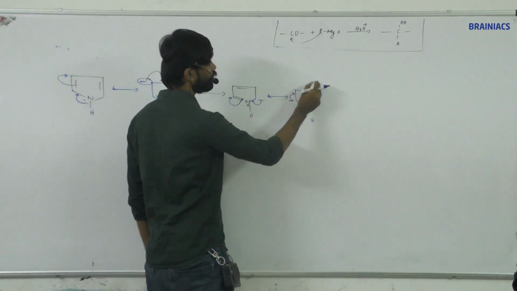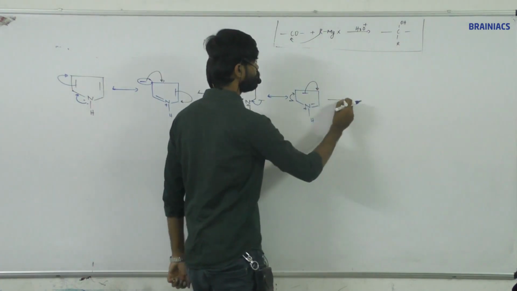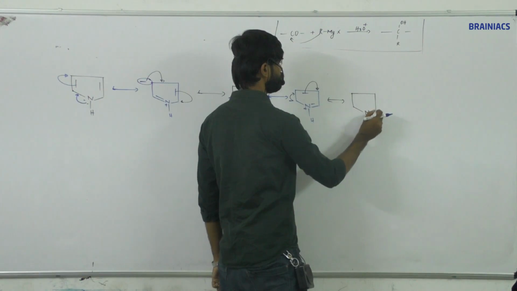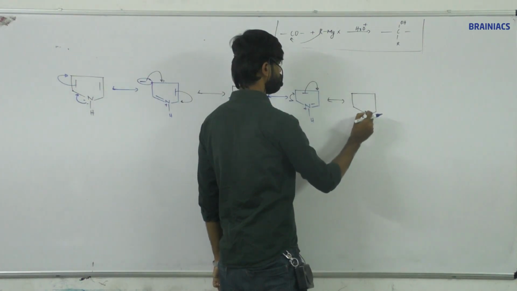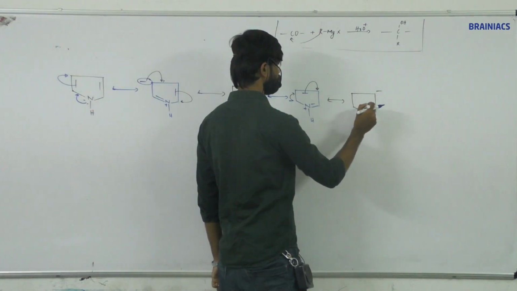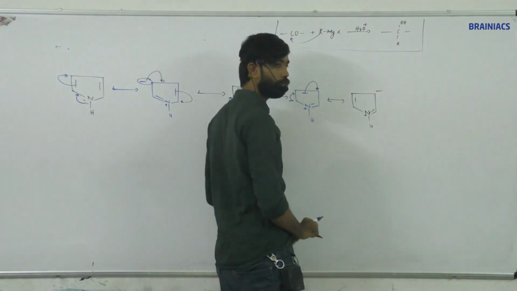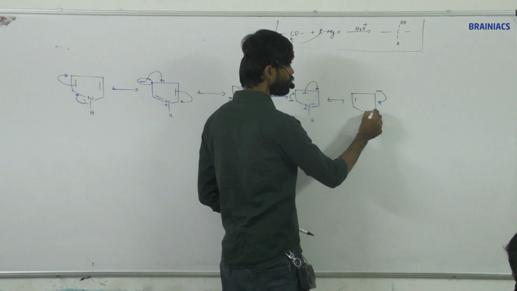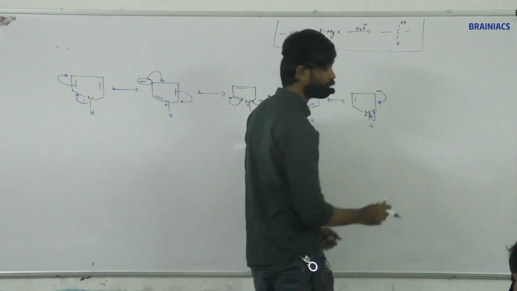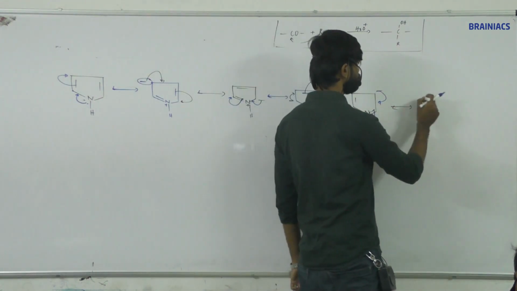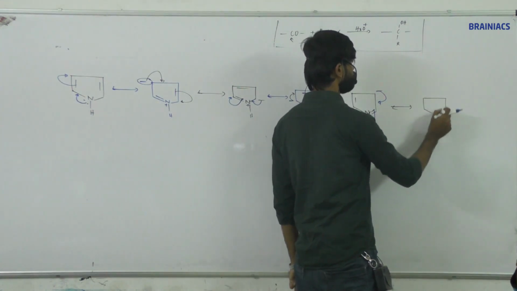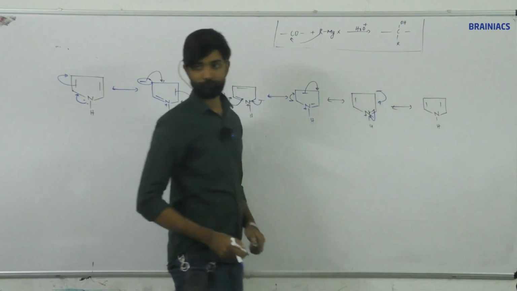Here will be the 5 electron. Is to here. Okay, next to here. So here the valency will become 5. So this to the nitrogen. Then it is okay, finished. This is the complete resonance of pyrrole.